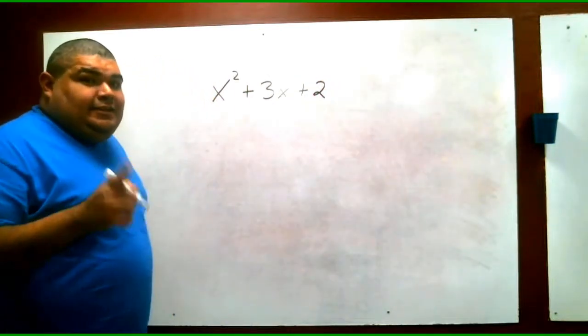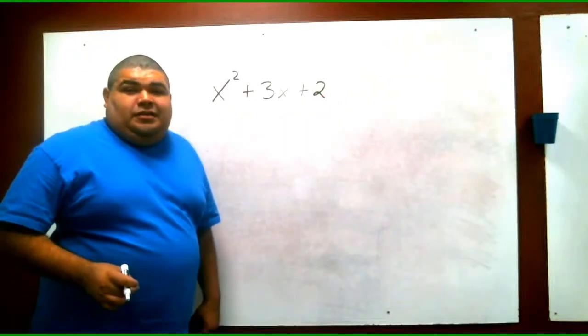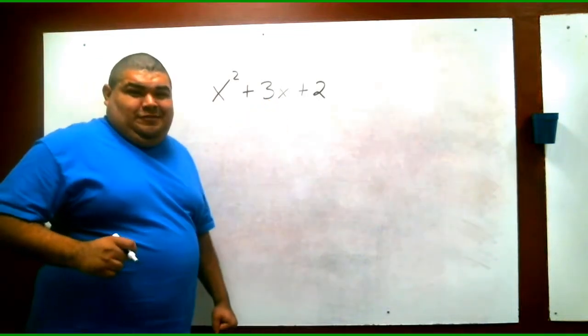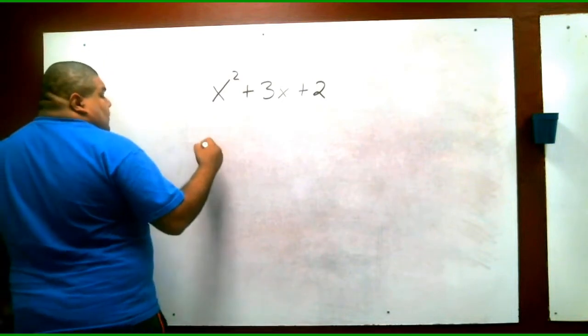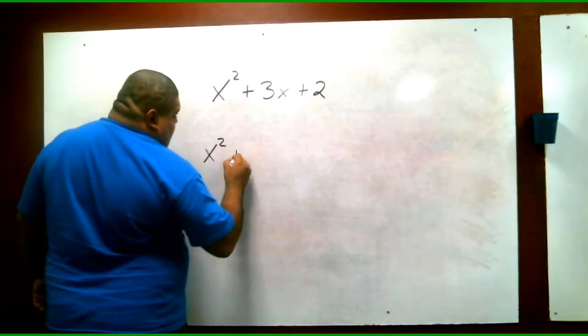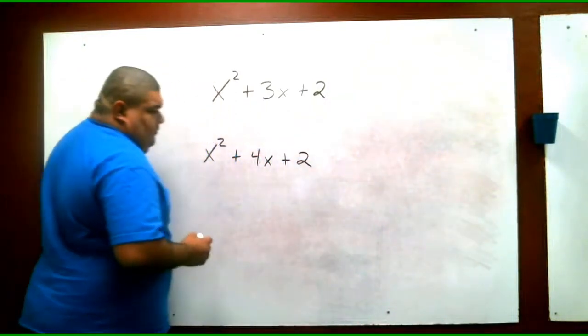Hint, hint. Two numbers that you multiply to give you 2 should also give you 3. Those are the numbers we're going to use. And then your second example, x squared plus 4x plus 2.